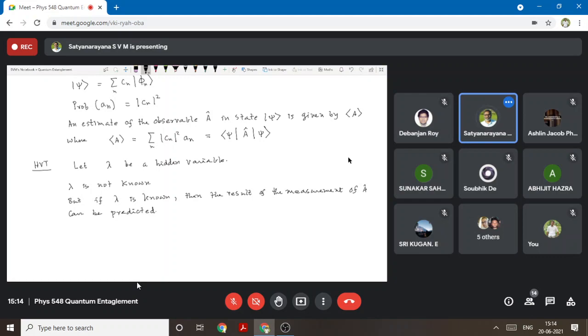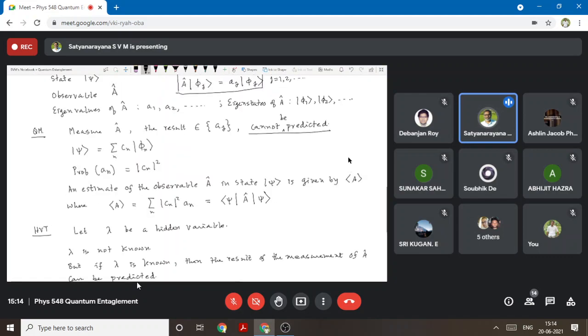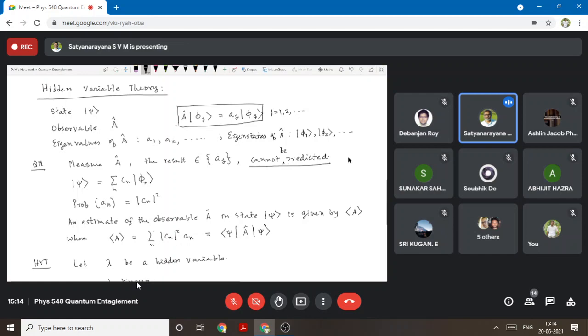So once you know lambda, you can explain the randomness in the results. If you ask why there is randomness in the results, we don't have any answer in quantum mechanics. Quantum mechanics says the results will be random, randomly one of the eigenvalues. No further question of why is asked. Now, how random is it?